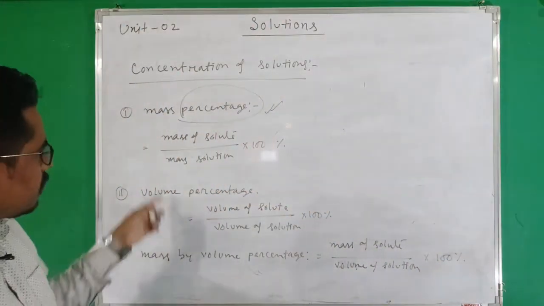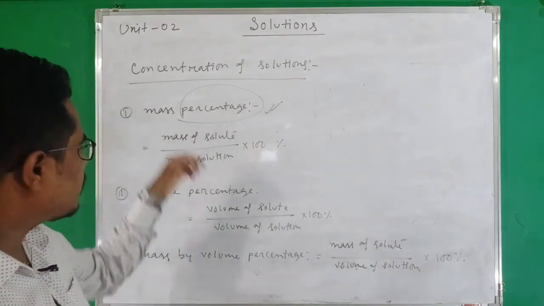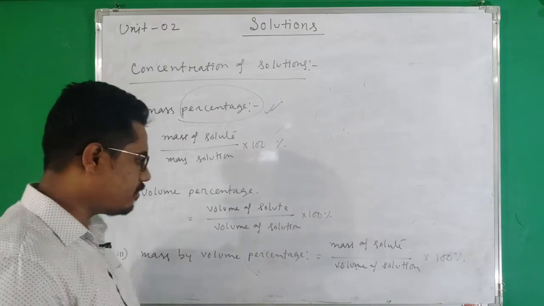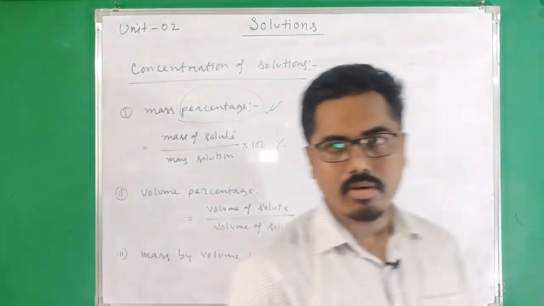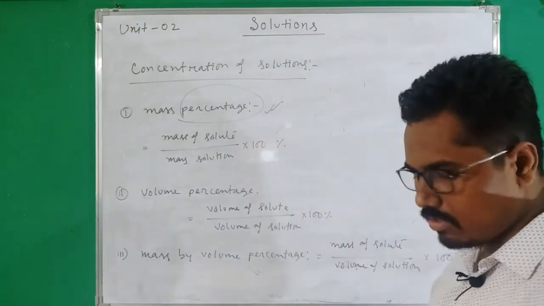Here we learn how to express concentration of a solution: first mass percentage, then volume percentage, then mass by volume percentage. We will solve some problems related to these concentration terms.